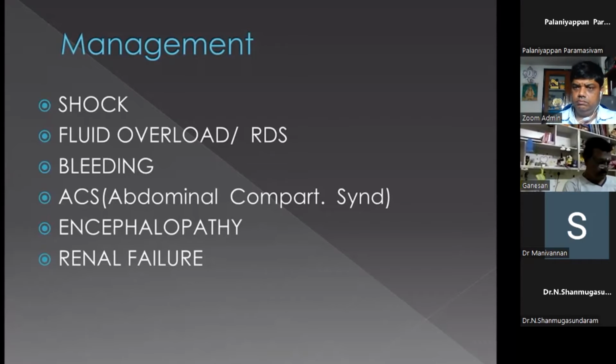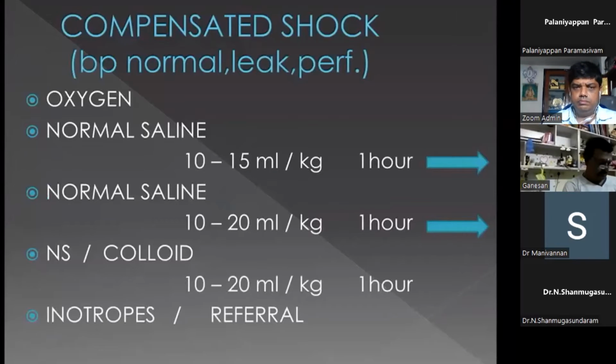So let me discuss in detail the shock management, which is very practical, useful for day-to-day practice. All the general practitioners or anybody who is involved in treating dengue cases should know the basics. Regarding the management of shock, whenever you see a child with shock, check the BP first.